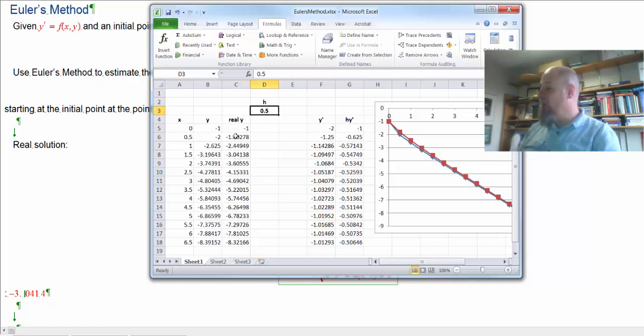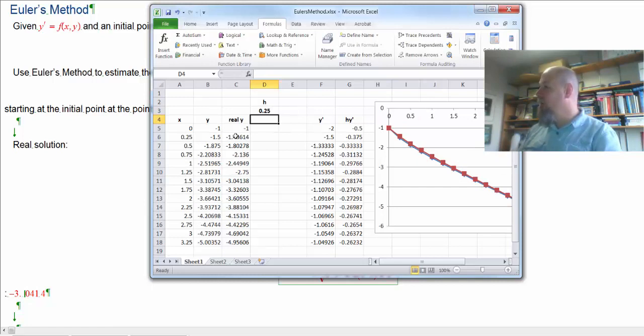In this case, let's make a smaller step size of 0.25. So we'll just do a quarter. So now I had to do more steps to get up to 3, but I can see that my answer is closer to the real value, right? Double the steps, so 3.1, and that's the real answer here.